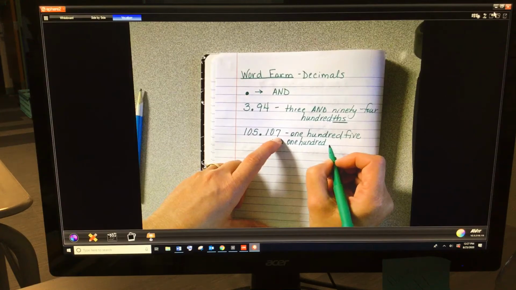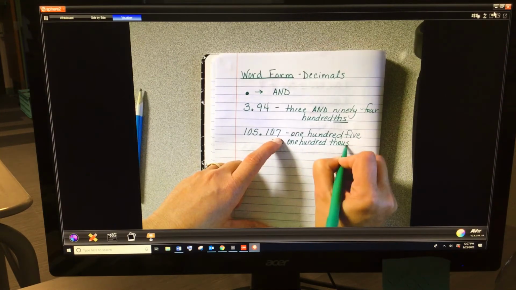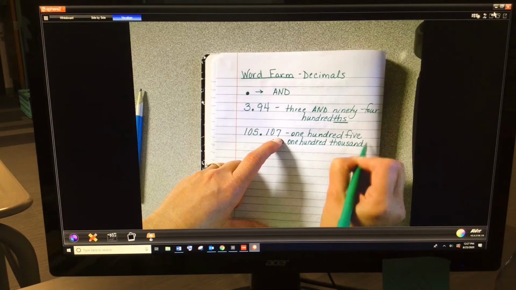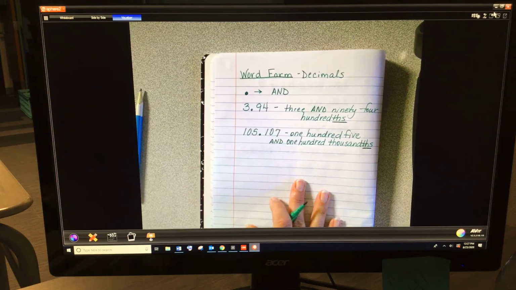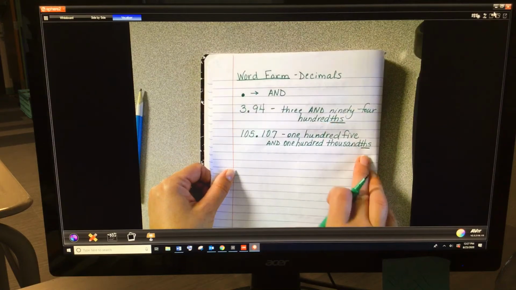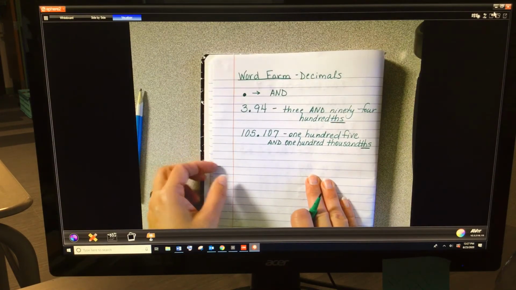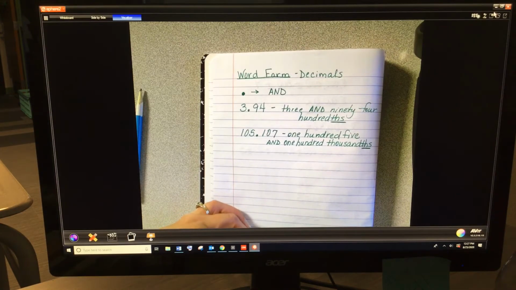What place value is that? Thousandths. THS. All right, now using that place value chart is going to be pretty helpful, knowing what the very last place value is when we're in our decimal system. Now, so that was word form.